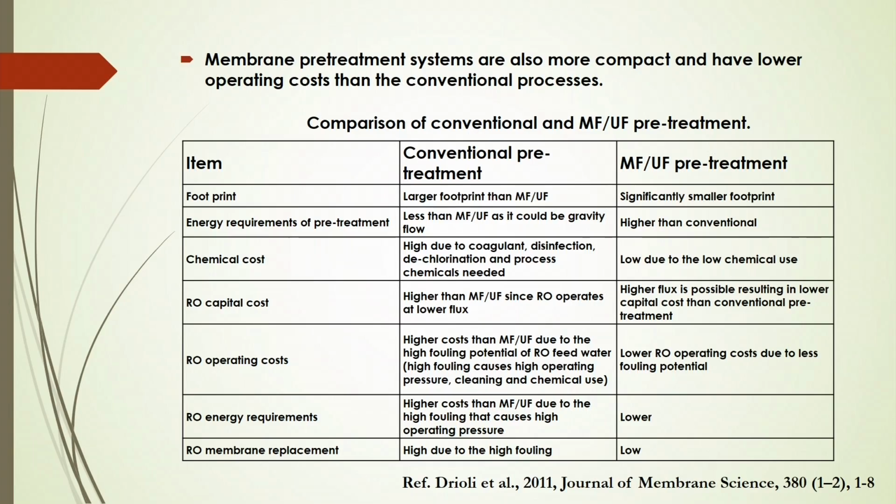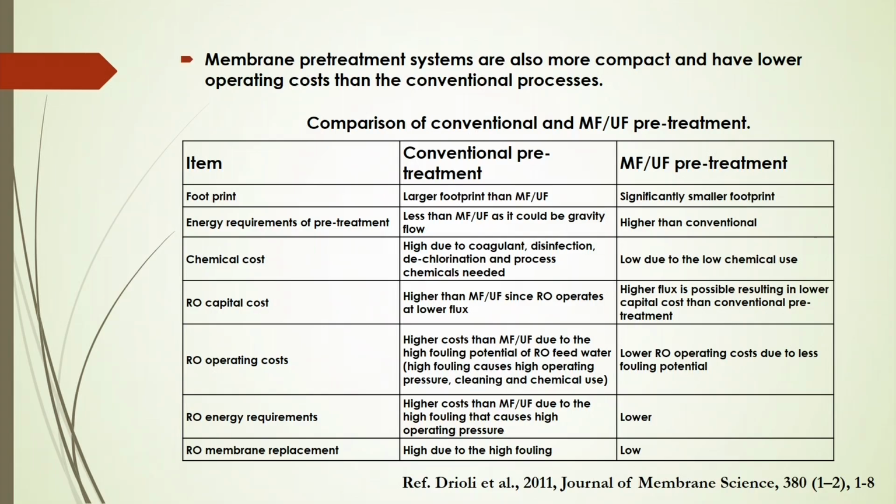Some items here are footprint, energy requirements of the pre-treatment, chemical cost, RO capital cost, RO operating cost, RO energy requirements, even RO membrane replacements. So, in terms of those items, both conventional pre-treatment and microfiltration and ultrafiltration-based membrane technology for pre-treatment of the streams are important.